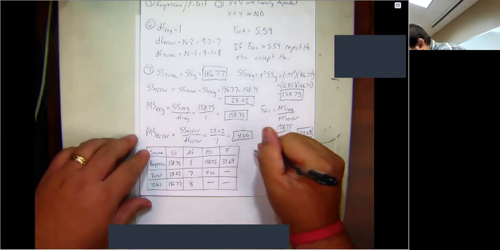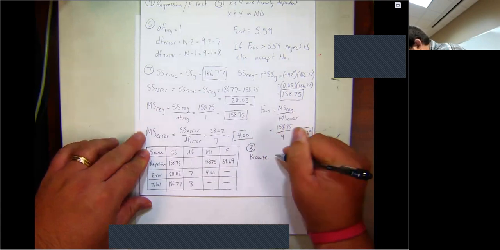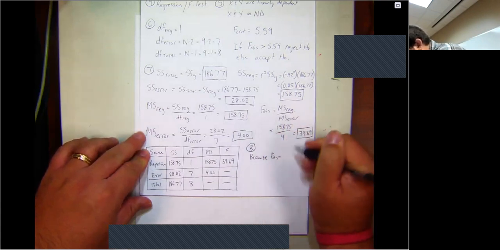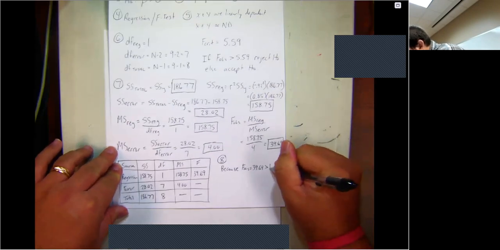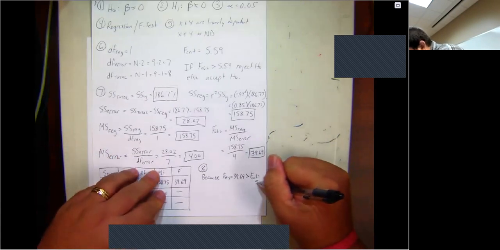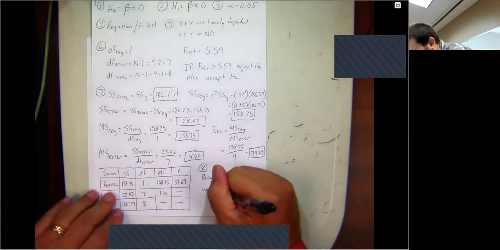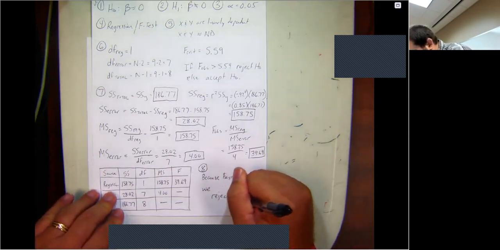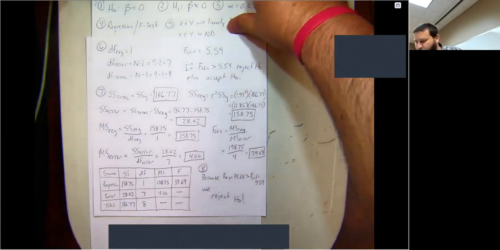And then to complete the steps, F observed equals 39.69 is greater than F critical equal to 5.59. We reject the null. So that's J. We've found that the slope is significantly different from 0.